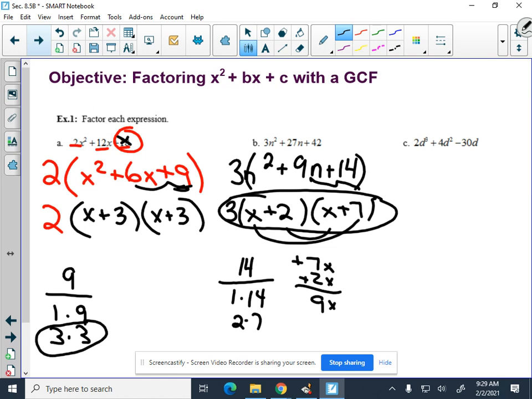All right, we try this one. What can we take out of all of them? Do that first.